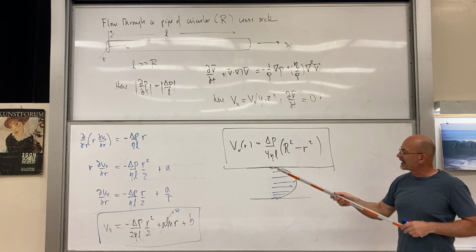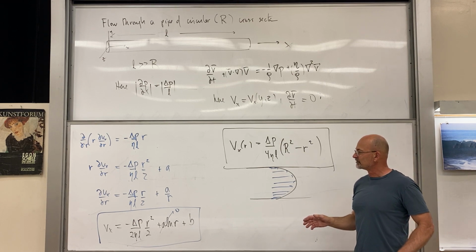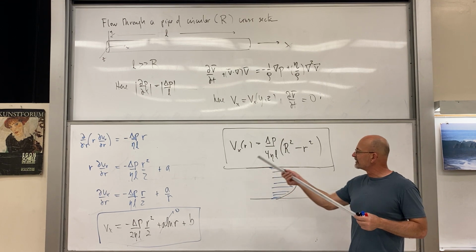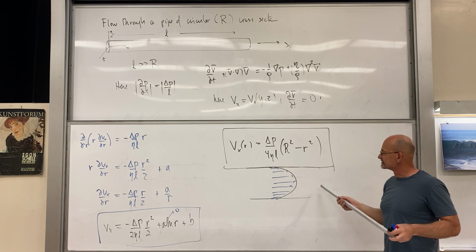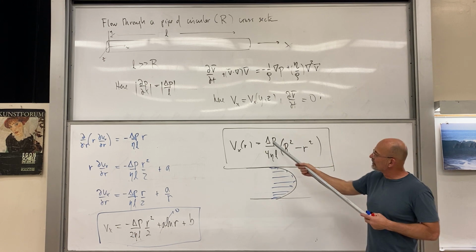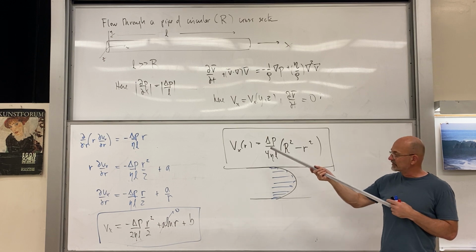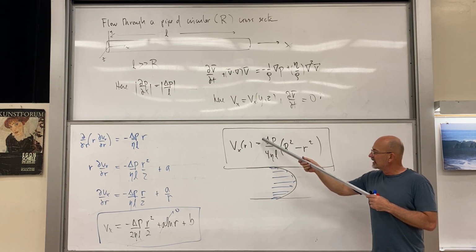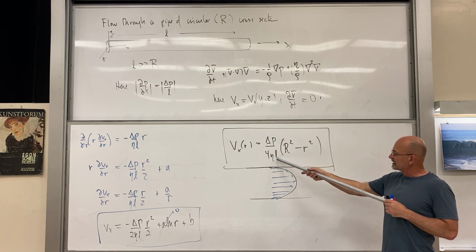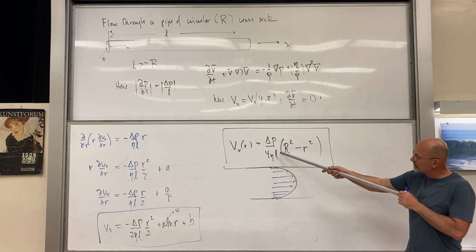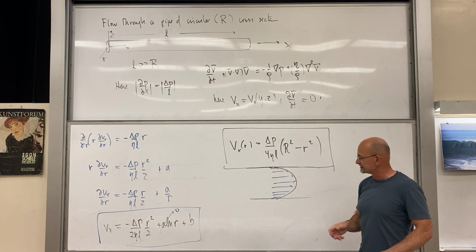Now remember, when we had the potential flow around the cylinder, we actually had no pressure gradient. So real flows actually require a pressure gradient. D'Alembert's paradox was showing that there was no pressure gradient, and you were getting an ideal flow anyway. So this requires a pressure gradient, and the flow speed is inversely proportional to the length of the pipe and to the viscosity. So that makes good sense.